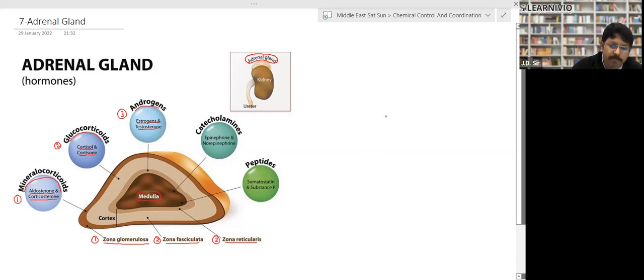Actually we have divided this adrenal gland in two parts, adrenal cortex and medulla, right? The middle part is the adrenal medulla, and the outermost is called adrenal cortex.